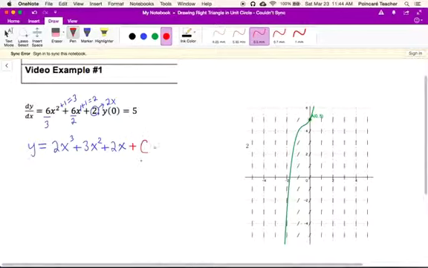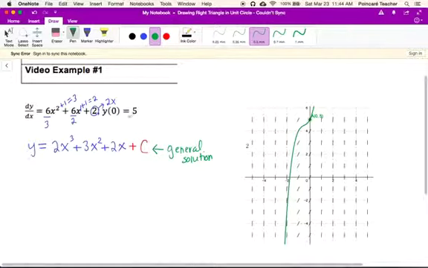When we take the derivative, the constant term disappears, so that's why we need a plus c here. This solution is called the general solution, because this c could be anything.